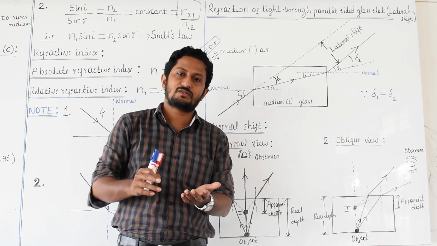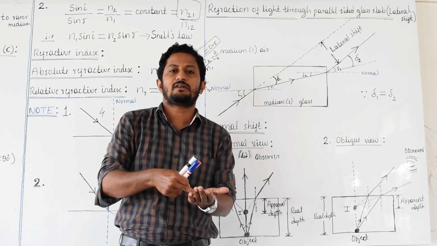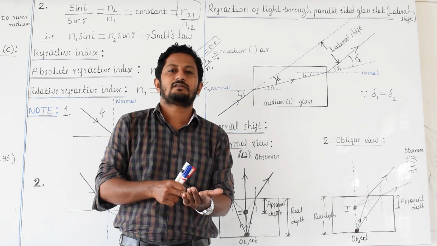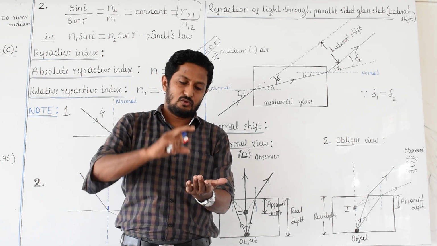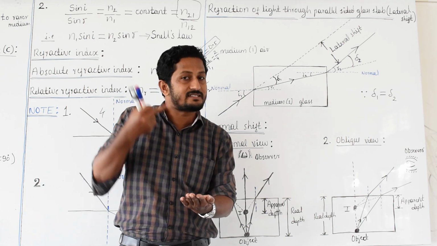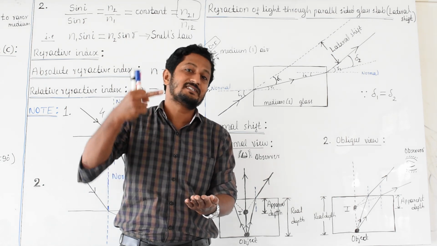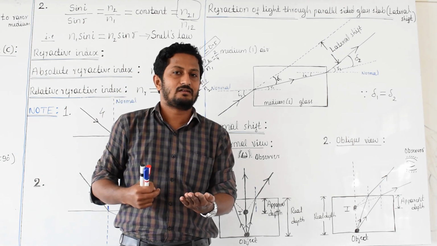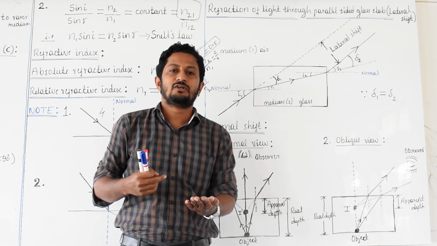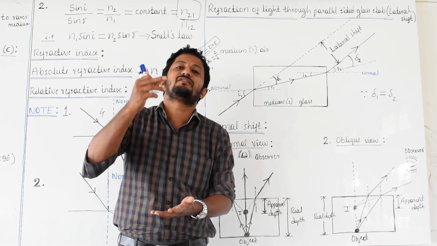Suppose in that container you pour water to a certain height, and thereafter you view that same coin through the same container in presence of water, what will you notice? You will see some change in the position of that coin.